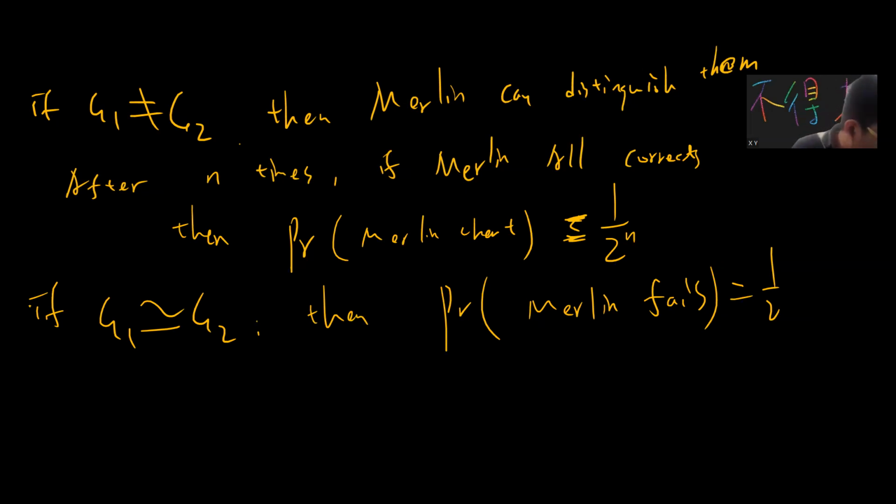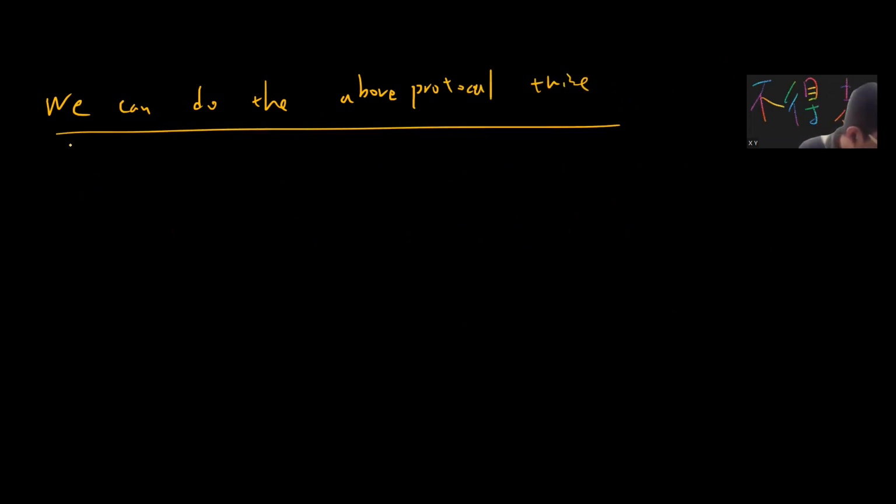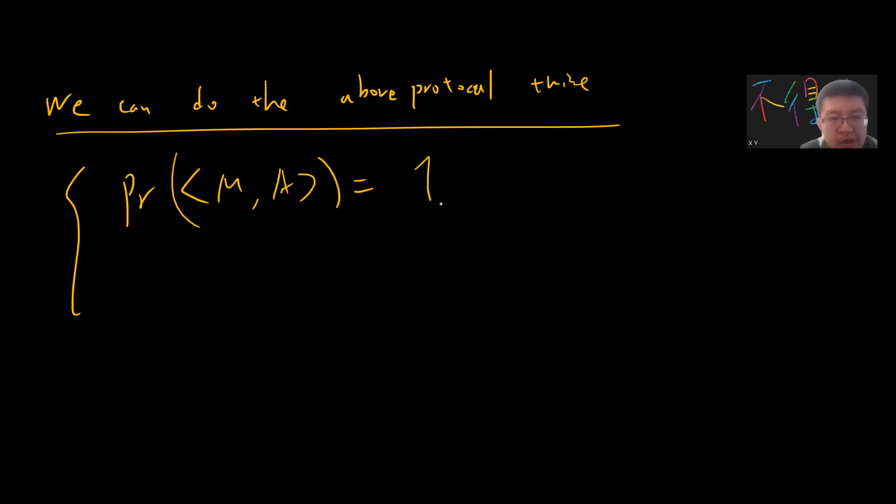Obviously, we can do the above protocol twice. Then the probability that Merlin makes Arthur accept is 1 if G1 is different from G2.